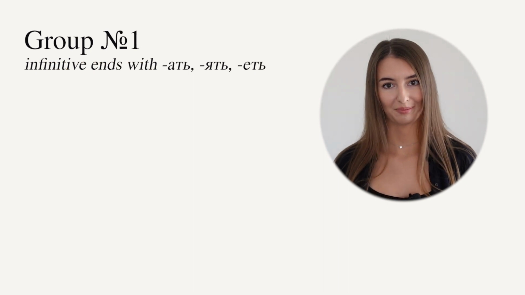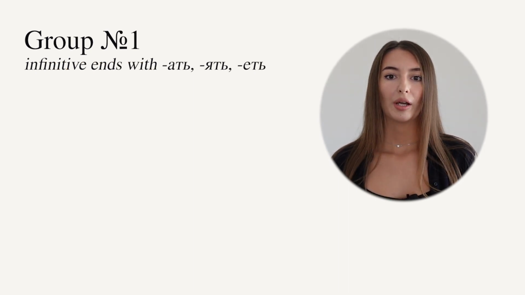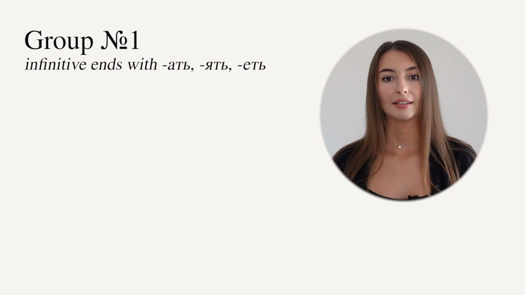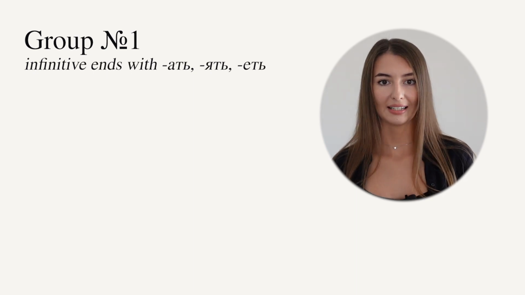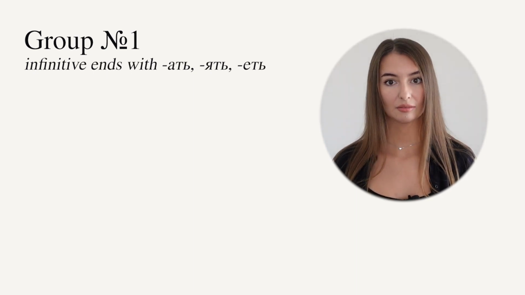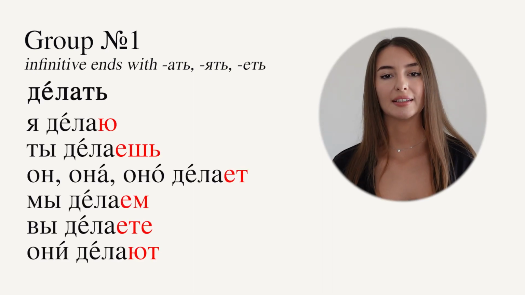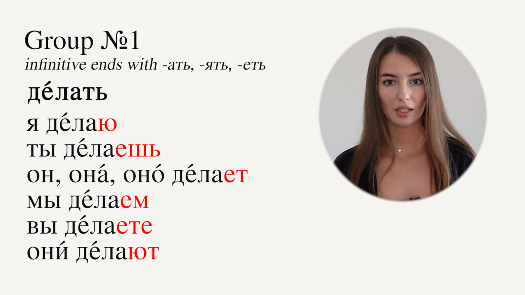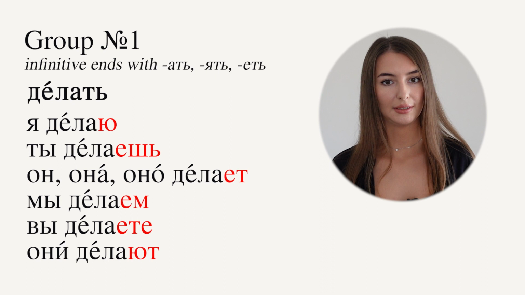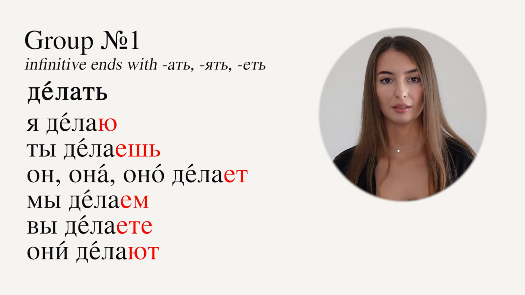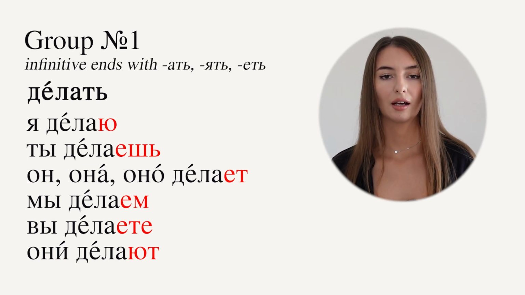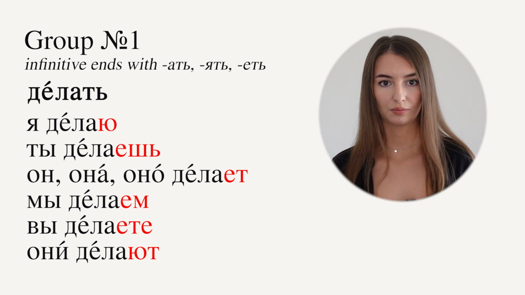Group number 1. Here are verbs where the infinitive has the ending ать or ять, as in делать, гулять. Let's look at its conjugation. Я делаю, ты делаешь, он, она, оно делает, мы делаем, вы делаете, они делают.